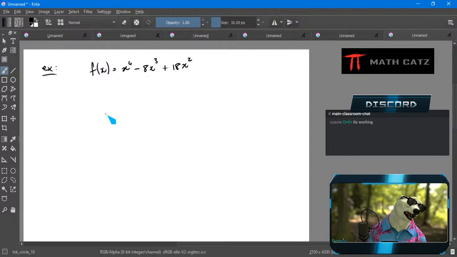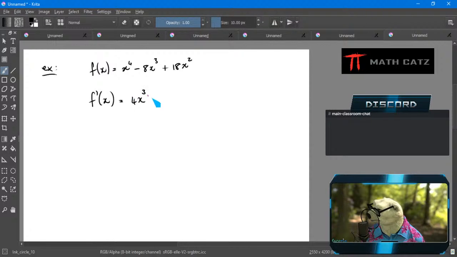In order for me to find the second derivative, I need to first get the derivative, also called the first derivative. So step 4 is usually done after step 3 because in step 3 I would need to find the derivative and then step 4 builds on that derivative. So I can't really skip that. I have to find the derivative first. 4x cubed minus 24x squared plus 36x.